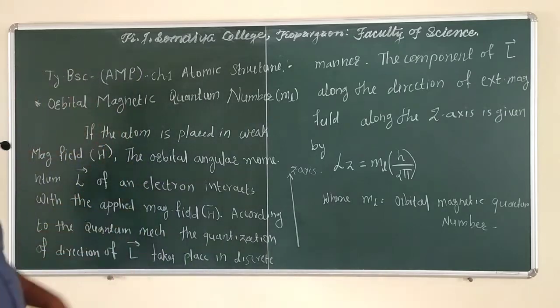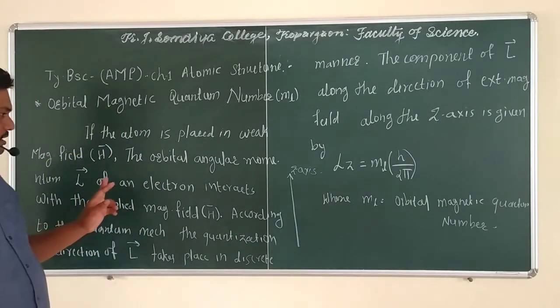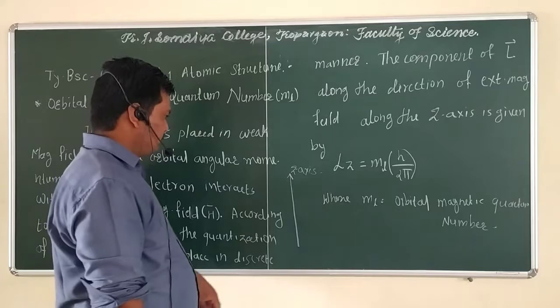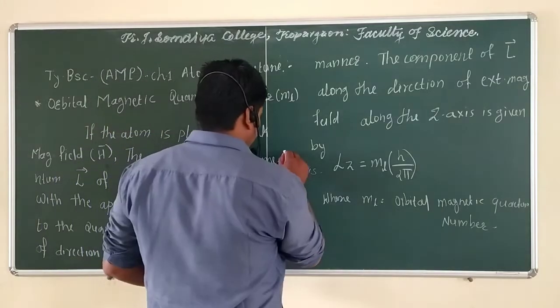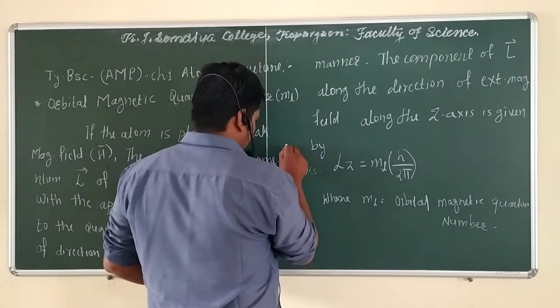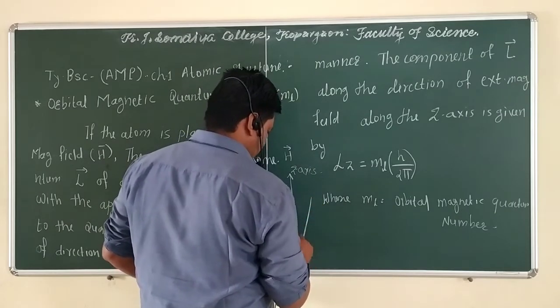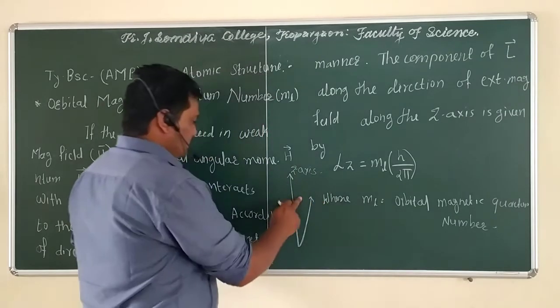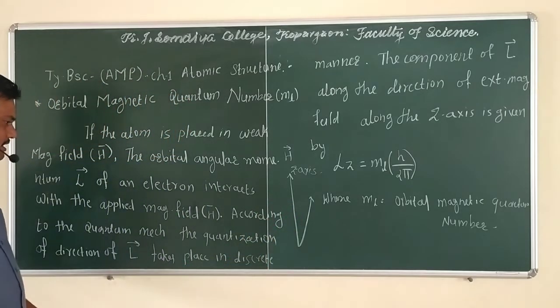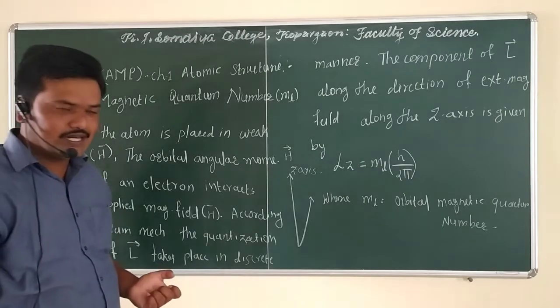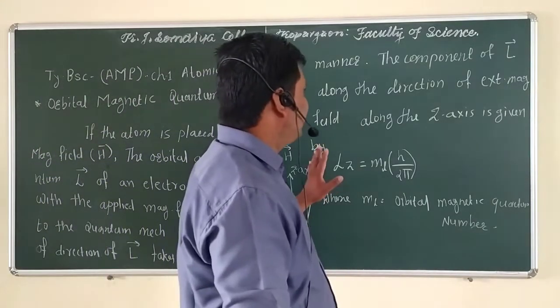The orbital angular momentum L bar interacts with this external magnetic field applied along the z axis, and according to quantum mechanics, the quantization of the direction of L bar takes a discrete manner.